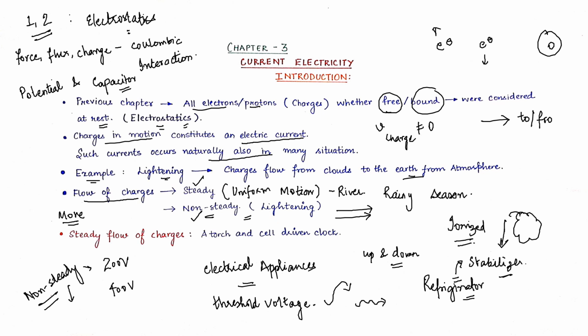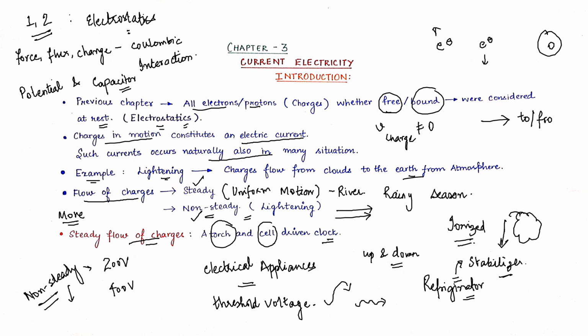This stabilizer stabilizes the flow of current so that our refrigerator will not get current beyond the threshold and will not get damaged. So mostly in our household we do not need a non-steady flow of current, but of course we need a uniform flow of current. One example provided in the textbook is that steady flow of charges is seen in a torch and in a cell-driven clock. Any clock having a cell will give you a very steady flow.